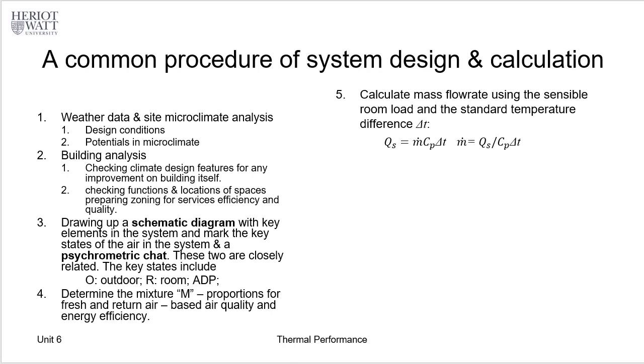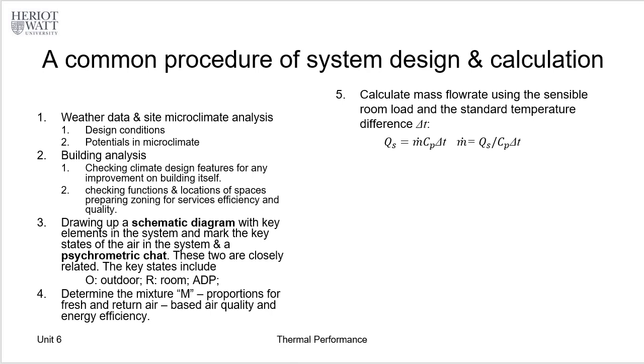Then the 5th one is, according to the standard temperature difference between supply air and room air, we can determine the mass flow rate. According to a large number of studies, we have a recommendation.